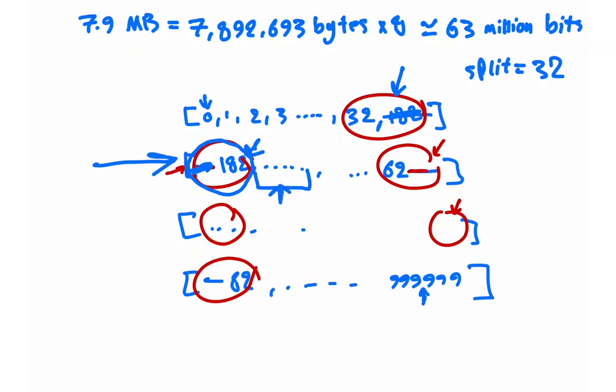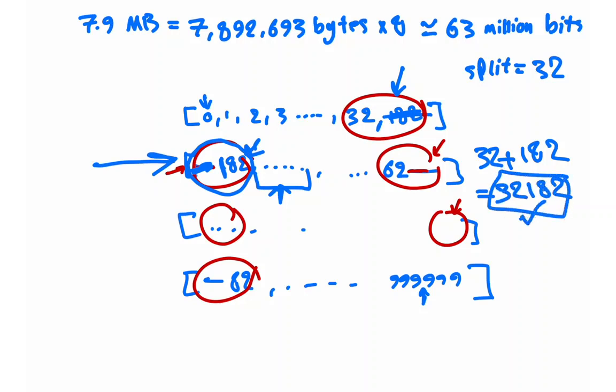So we're going to take this 182. This is the first element of our second chunk. So 182, and we're going to add that split value to it, which is 32. And we're going to do this in a string and not a number, right? So we're going to get 32182. So we're going to get our complete number. So this is what we have to do.